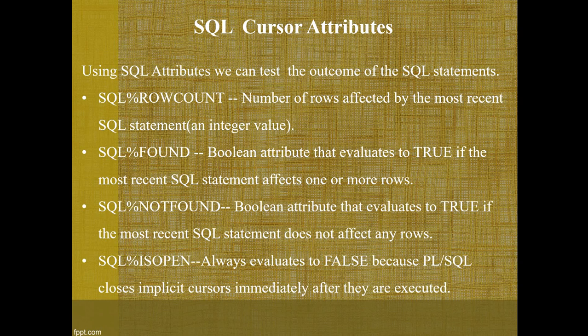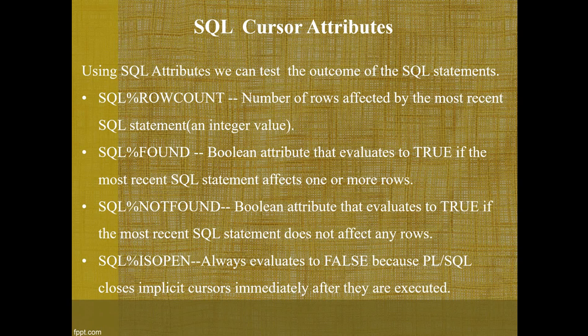The second one is %FOUND. It's a Boolean attribute that evaluates to true if the most recent SQL statement affects one or more rows. If one or more rows are affected, then SQL%FOUND will return true.